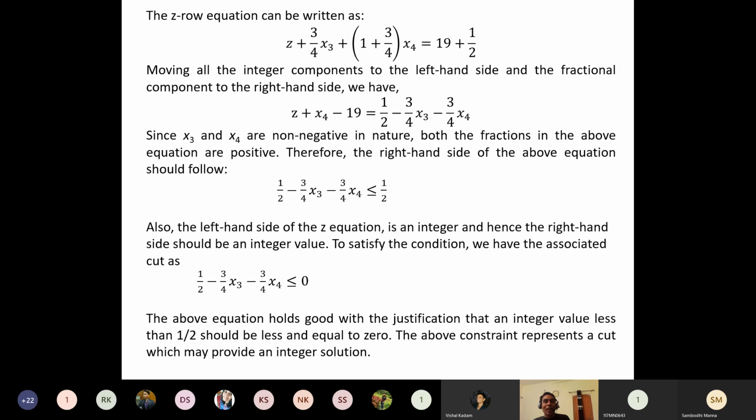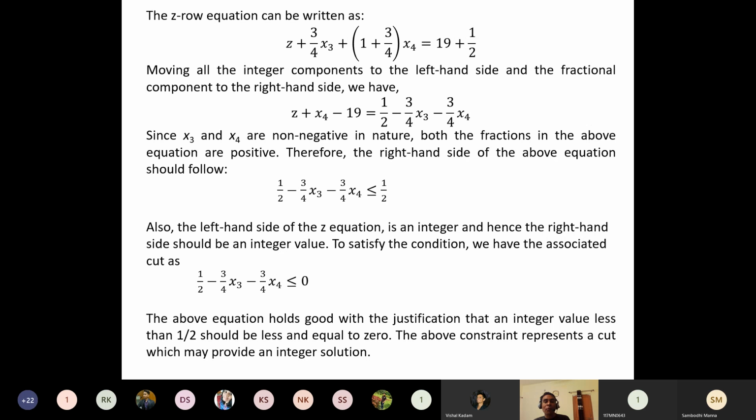If you see, X4 is an integer, and Z will also be an integer. So all the values in the left hand side are integers, so the right hand side should also be an integer value for this equation to hold. Since X3 and X4 are non-negative in nature, both the fractions in the above equation are positive, with X3 greater than or equal to 0 and X4 greater than or equal to 0.